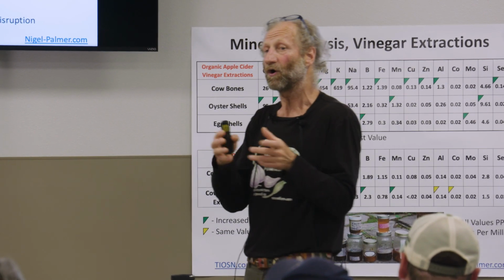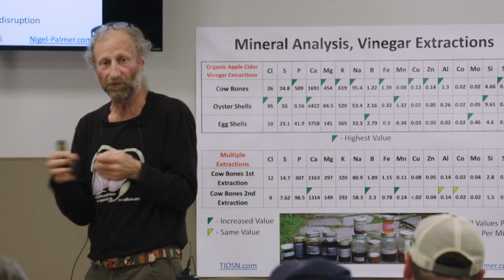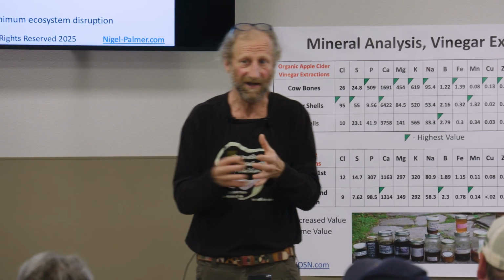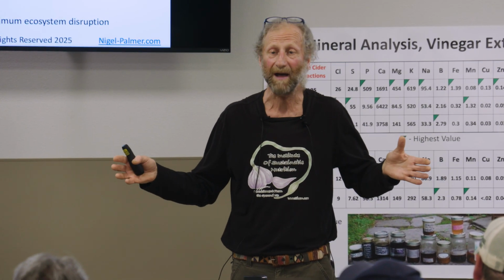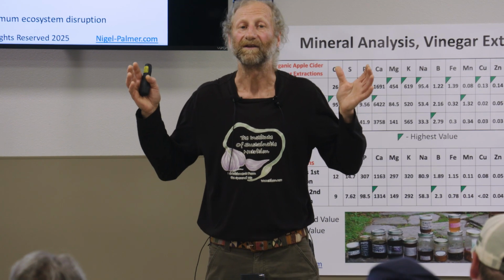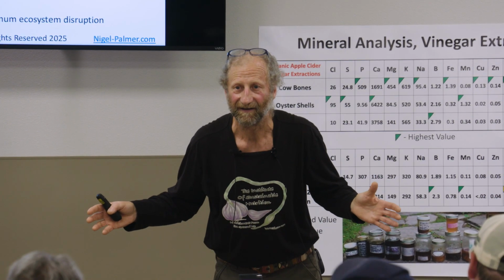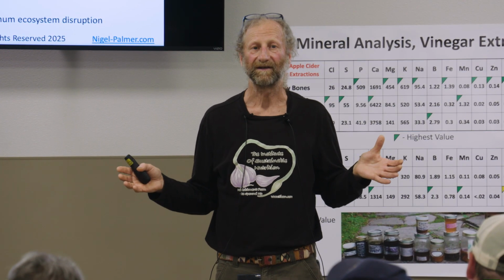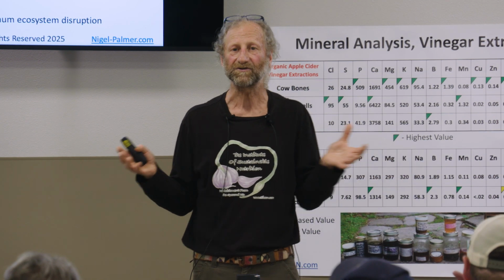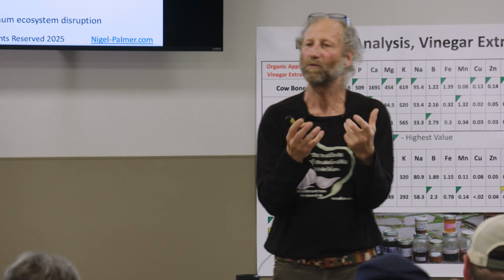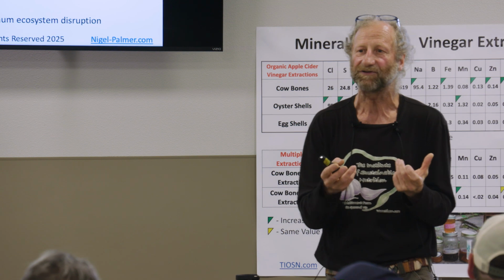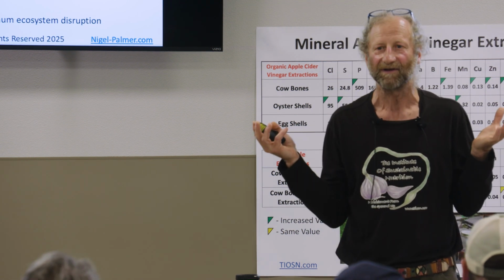If the soil was homogeneous, if the soil was constant, the same all the way through, what would happen? Nothing. If it's all the same, if there's no gradient, if there's no change, if there's no difference, then nothing happens.